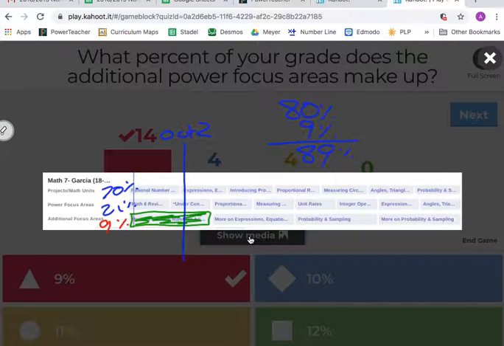Now let's do the same thing. Let's say you have 80%, and let's move this blue line over to here. Now you've done this one, but you haven't done this one. What do you think it's going to add to your grade now? If this is all 9%, it's thinking that you're going to do half of them. So instead of giving you 9%, it's going to give you half, 4.5%.